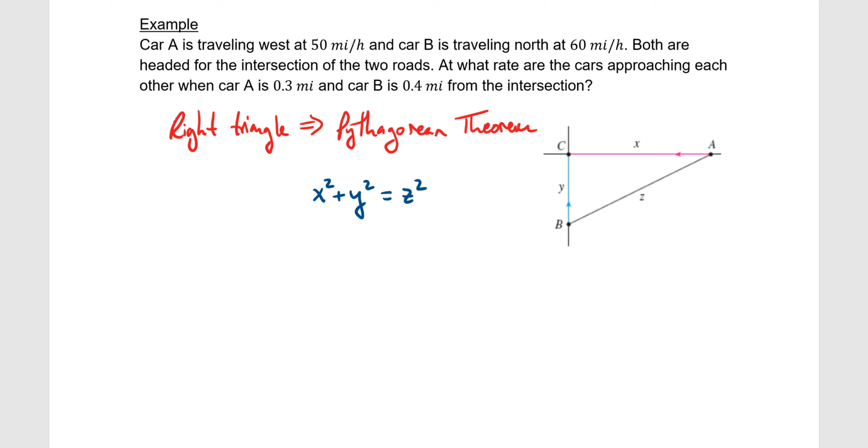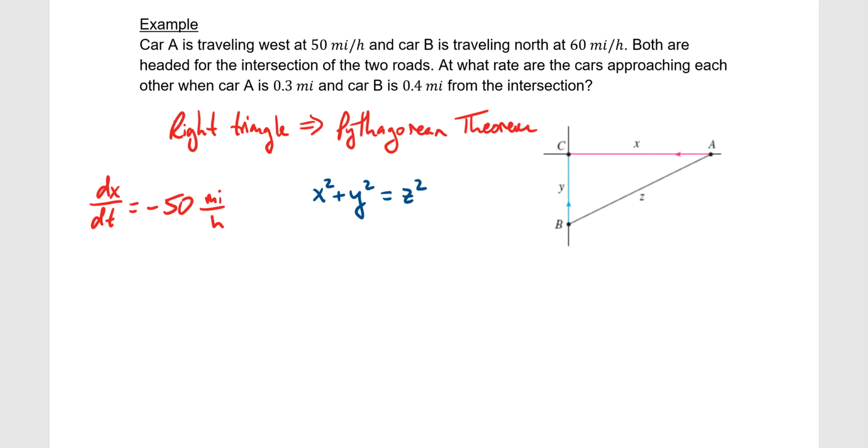Now let's see the givens that we have. Car A is traveling west at 50 miles an hour, so that is going to be dx/dt for car A. Here is the tricky part: dx/dt is not 50 miles per hour. It is negative 50 miles per hour.